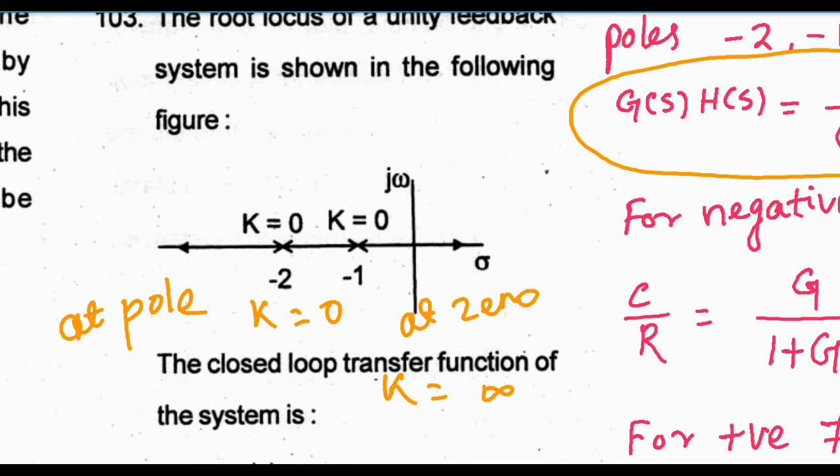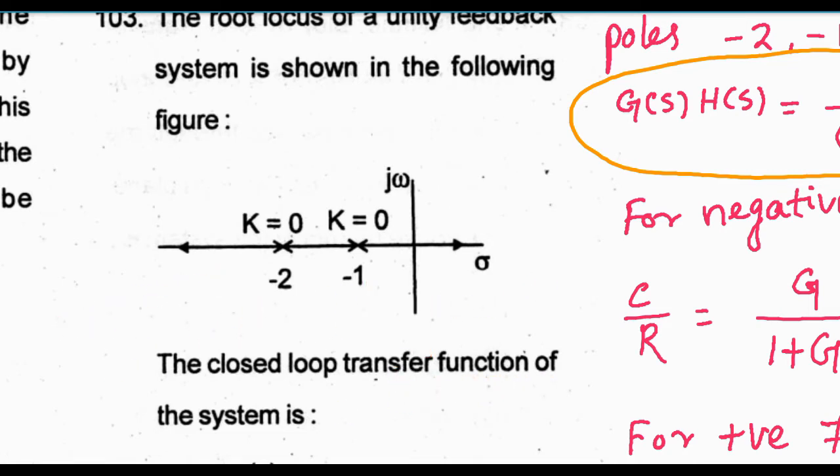Negative values of k are not considered in a root locus diagram. And what does the root locus represent? Root locus represents the variation of k, how the roots are varying with respect to variation of k. This is what the root locus diagram presents.